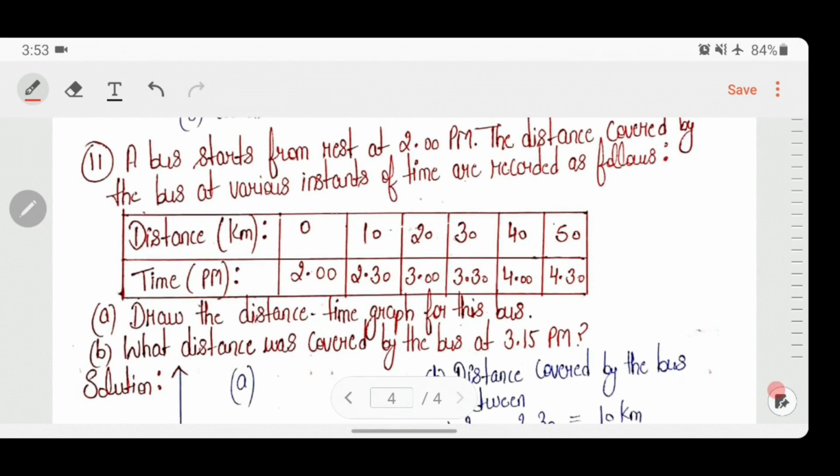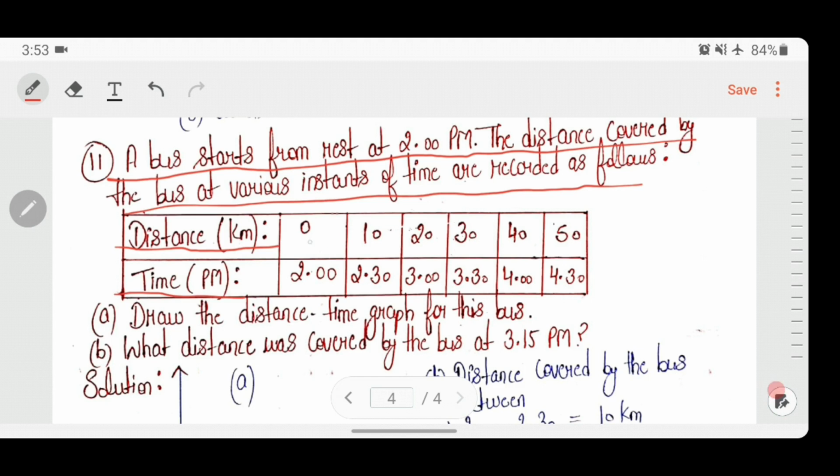So in the next numerical, a bus starts from rest at 2 p.m. The distance covered by the bus at various instants of time are recorded as follows. So here the distances are given and these are the time.